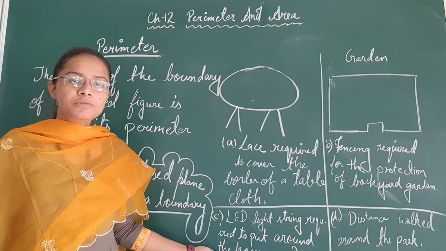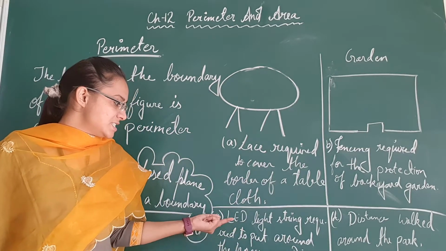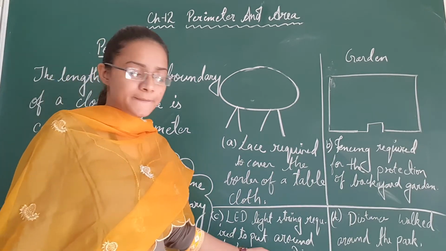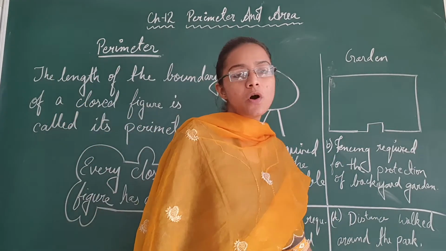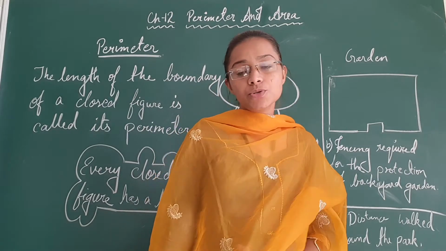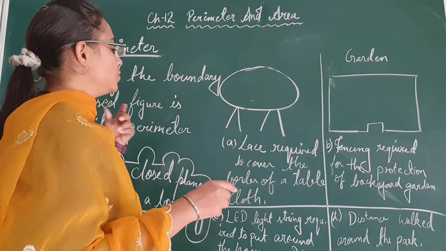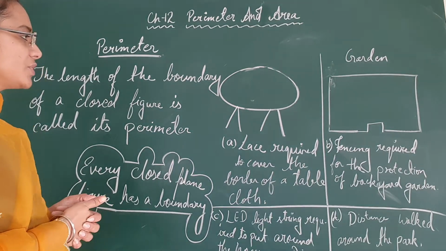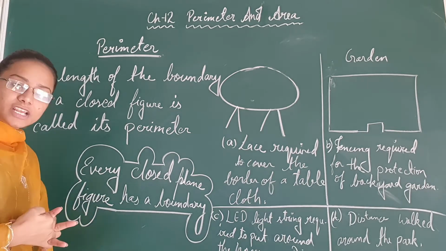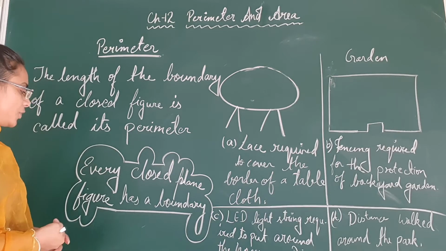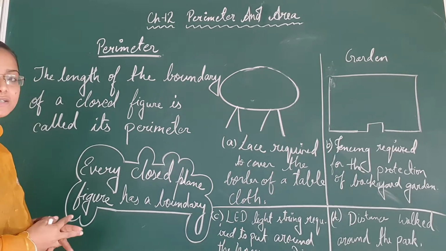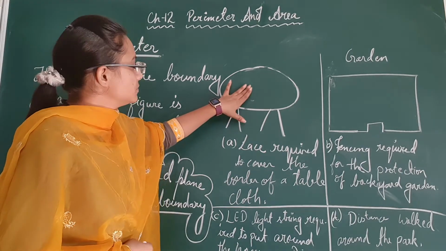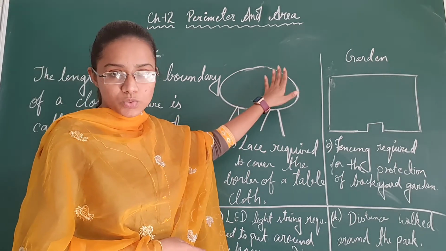And if you need to put an LED light string around the house on Diwali, or walk around the park, for all these things you have to measure the boundary, how much you have done and how much is required.